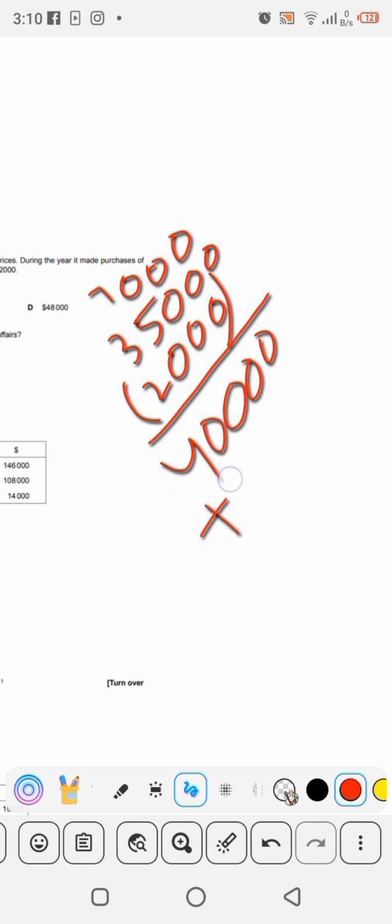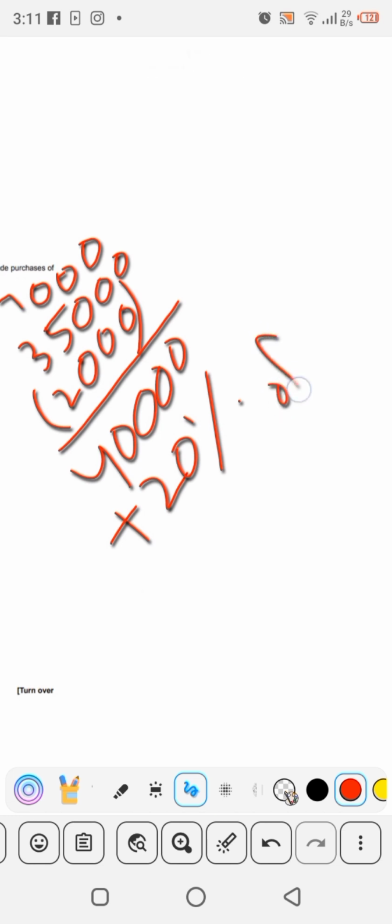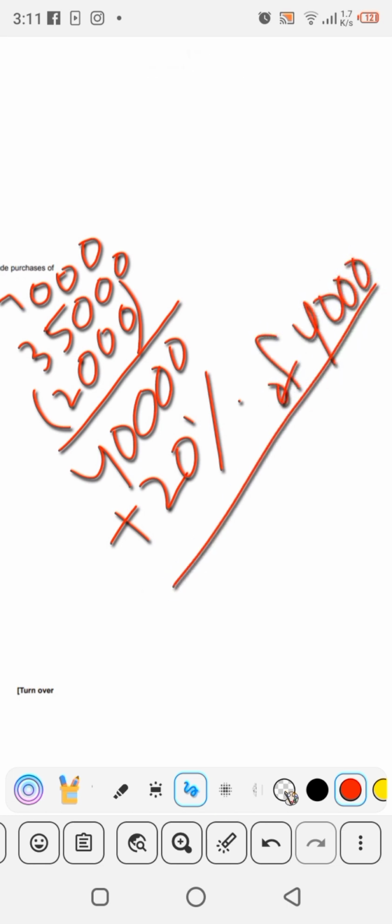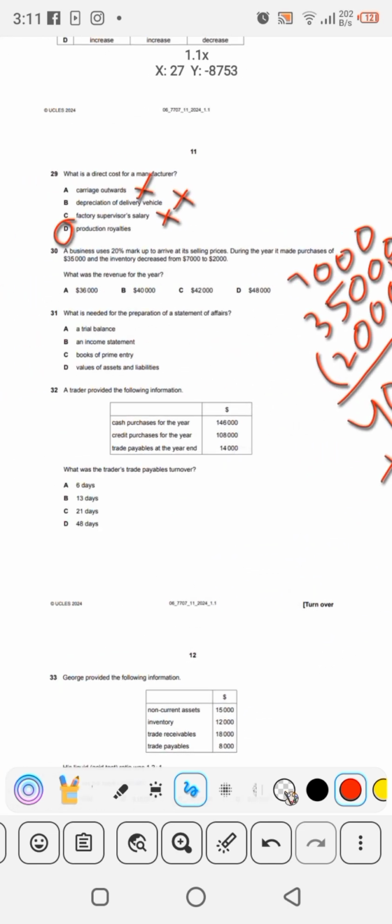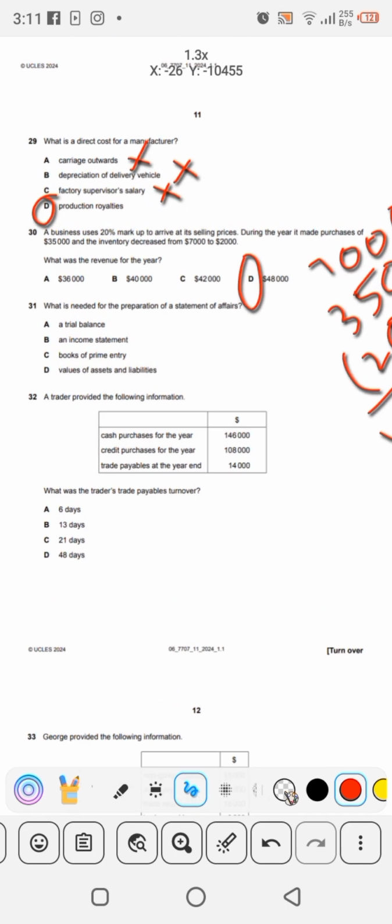So according to the markup given to us of 20%, we will add 20% to it to get the gross profit. So we will add 20% of 40,000 to it to get the sales, which is 48,000. We can also do that. We can calculate the gross profit first from the markup, and then we can add gross profit with the cost to get this answer, which is part D.